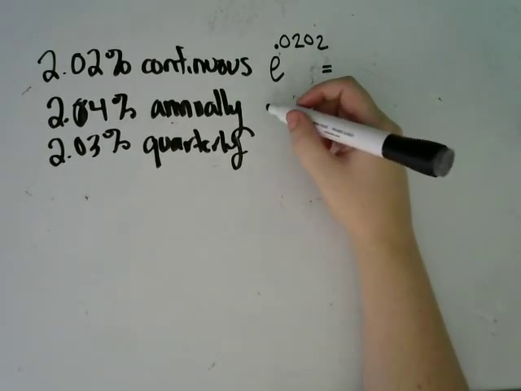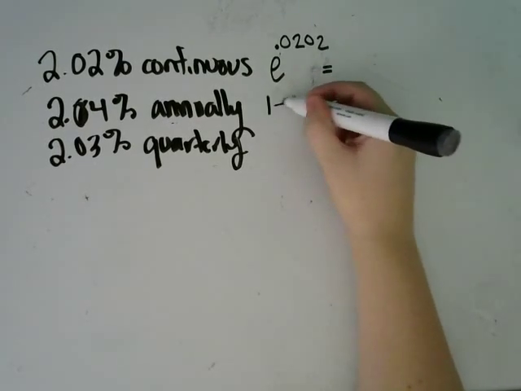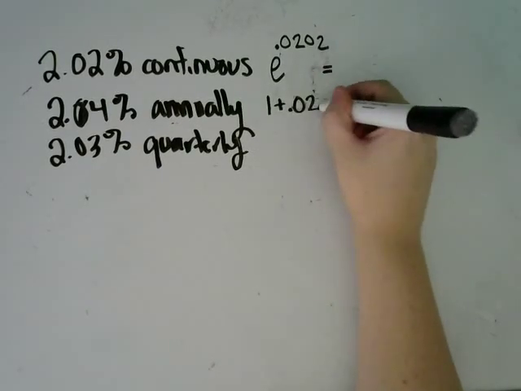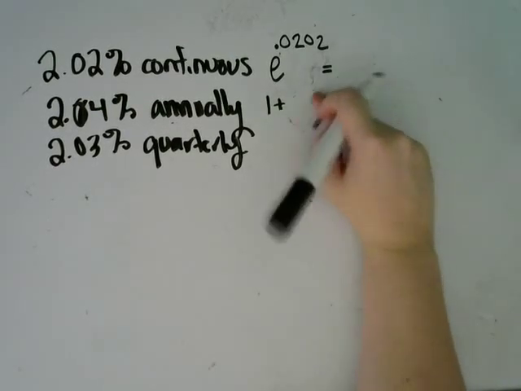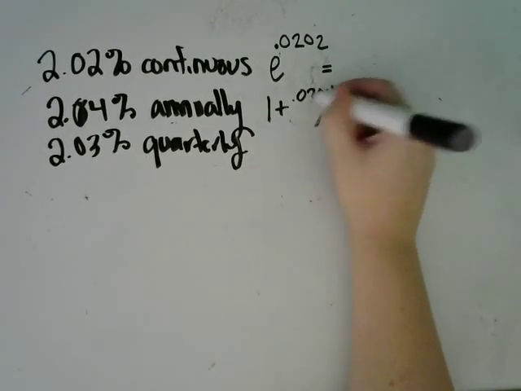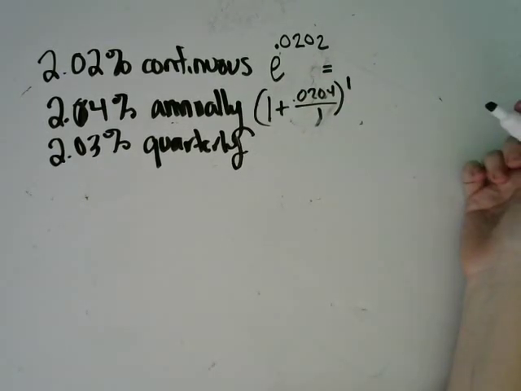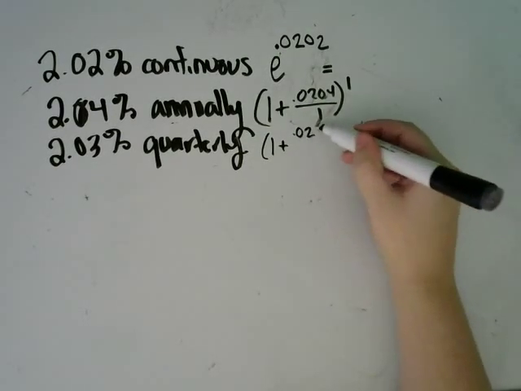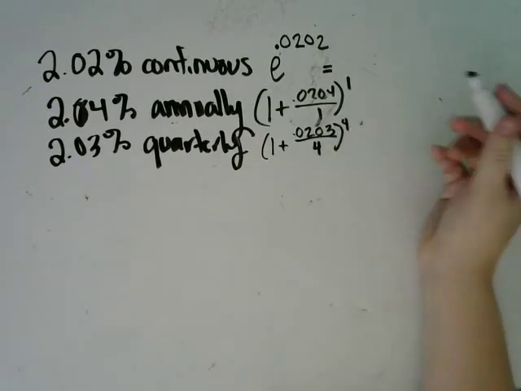The next one, using the inner part of the compound interest formula, we get 1 plus 0.0204 over 1 to the first power, representing an annual compound. And then for our quarterly, we have 1 plus 0.0203 divided by 4 for quarterly to the fourth power.